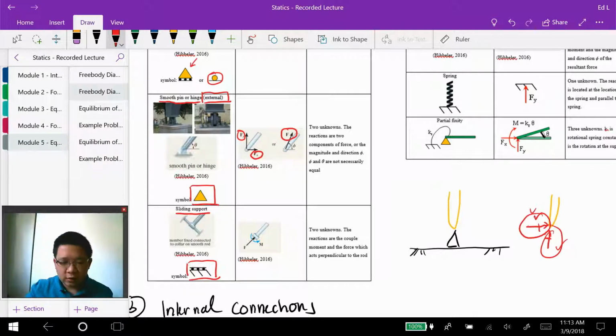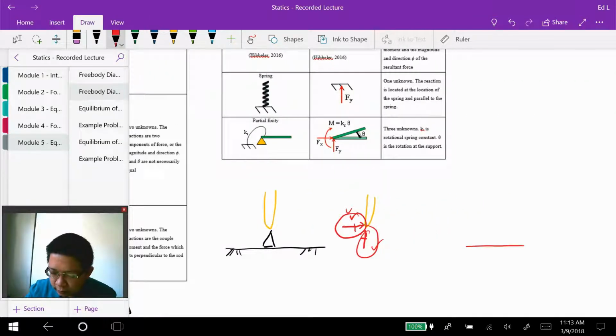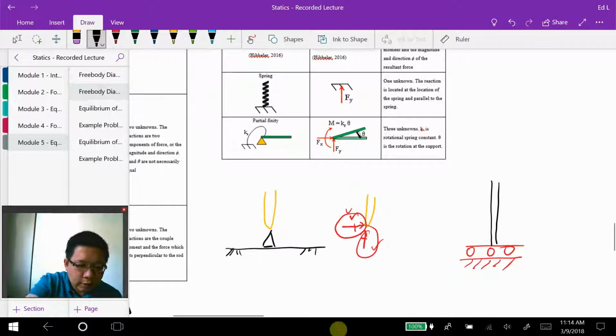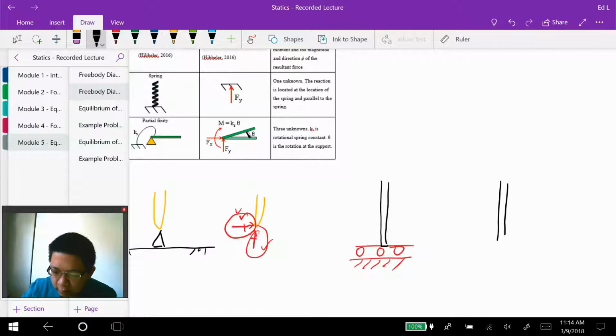Such that you can expect that if I have a member supported with a sliding support, the reaction forces are only a vertical reaction force, which can be going up or going down, and also a reaction moment, because it prevents the rotation of this member at this point.